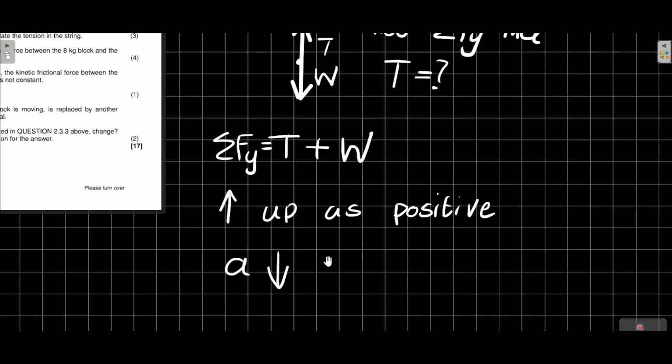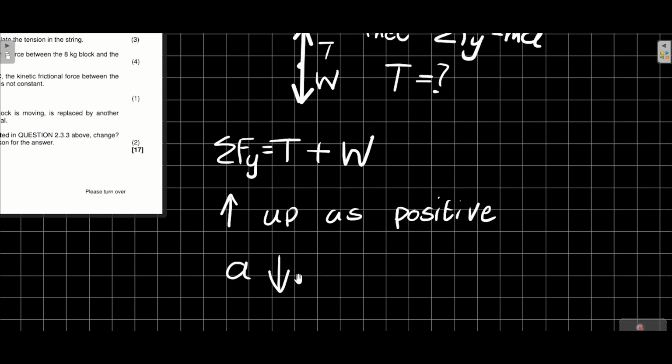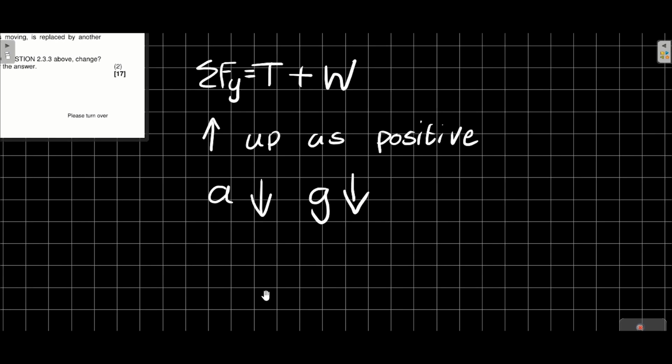So our acceleration is downwards for the 2 kg mass, and gravity is also acting downwards. We need these two variables because our sum of forces on y is equal to mass times acceleration.